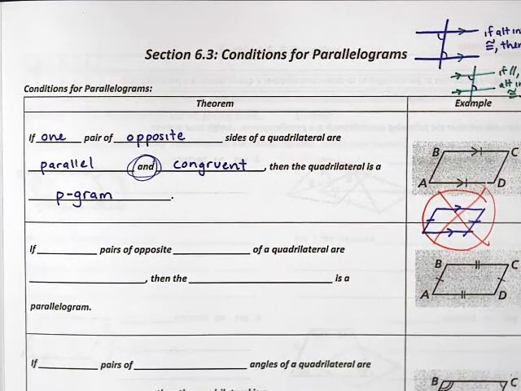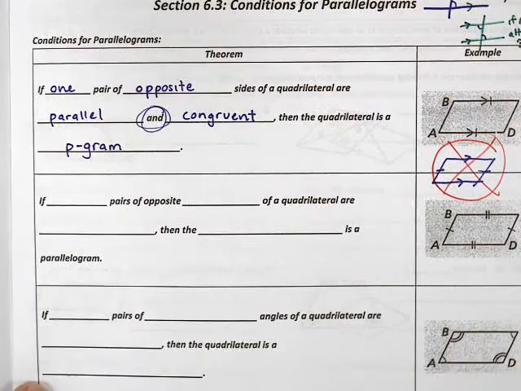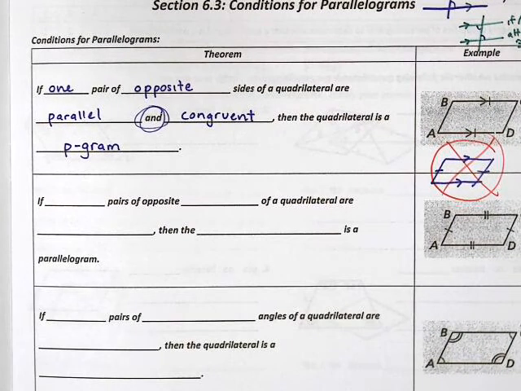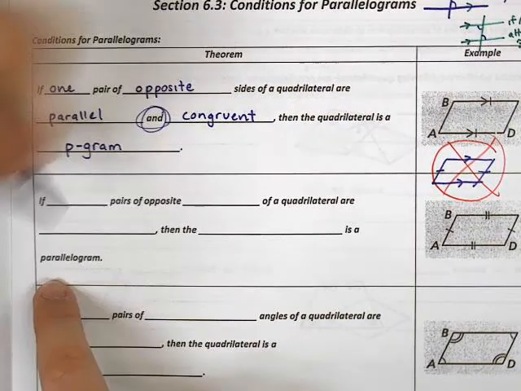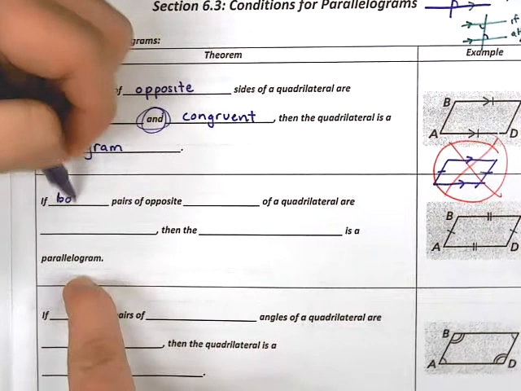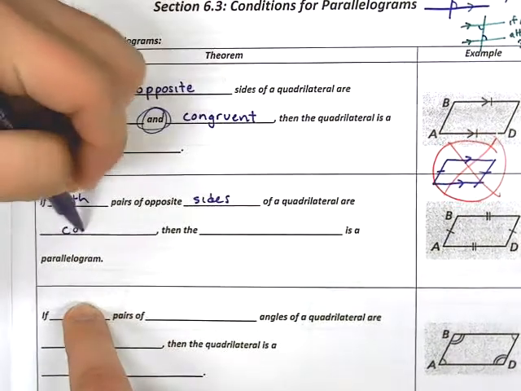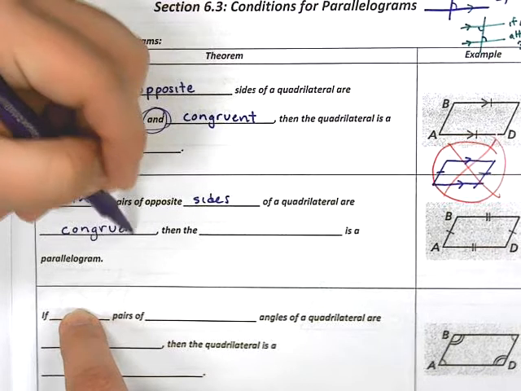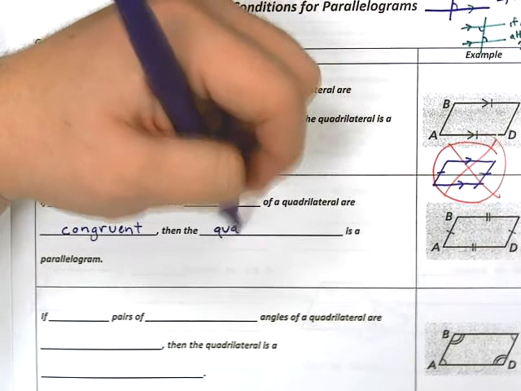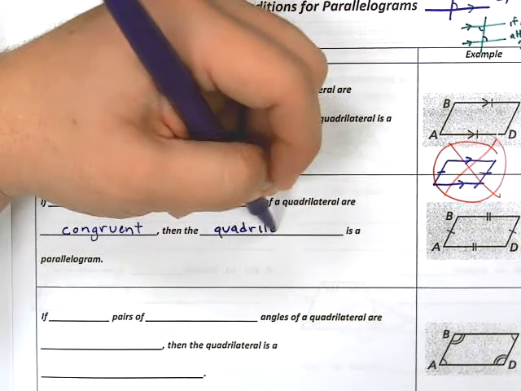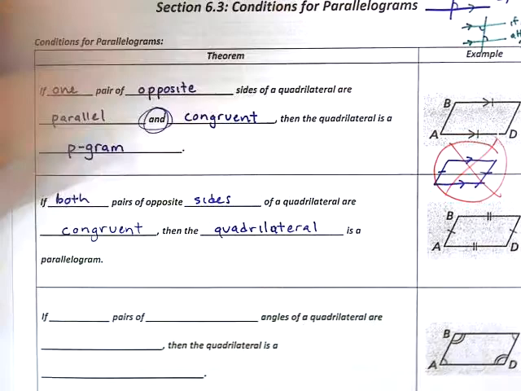Okay? Now we can kind of get into some of our reverse ideas. Alright? We learned that if you have a parallelogram, then both pairs of opposite sides must be congruent. Well, now I can say if both pairs of opposite sides are congruent, then the quadrilateral is a parallelogram.